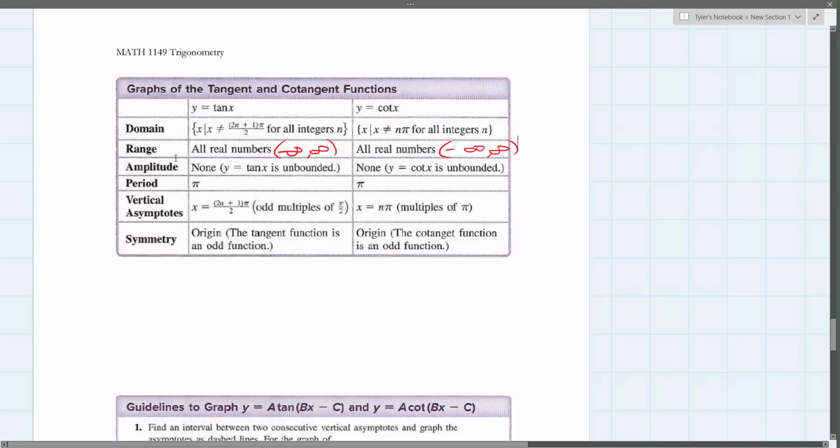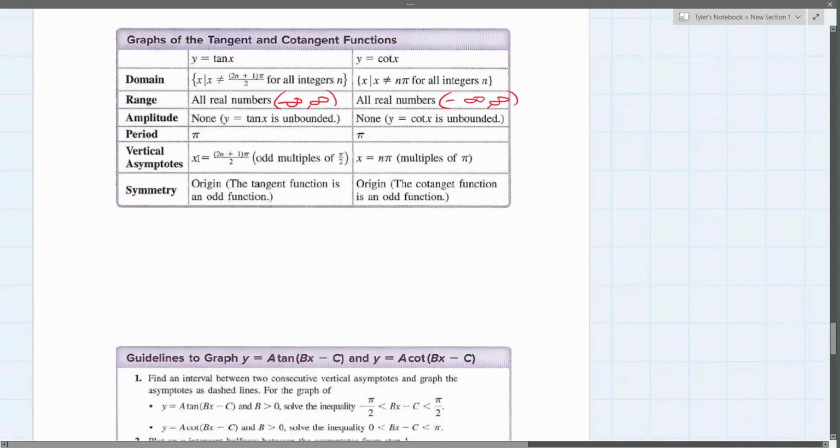And then the amplitude here is none, since the range includes all real numbers, so there's no amplitude. And then we already knew the period was pi for both tangent and cotangent. And then we knew where tangent and cotangent were undefined by looking at the domain. So the new thing here is that's where these vertical asymptotes are going to show up in the graphs, right? And then we also already knew the symmetry.